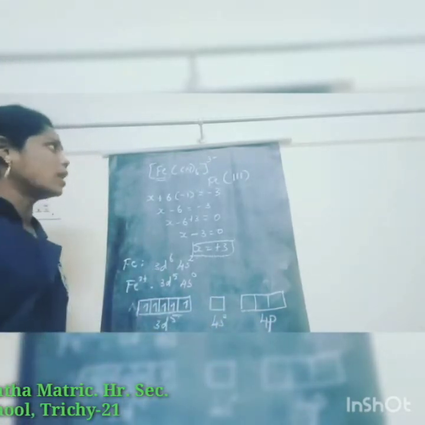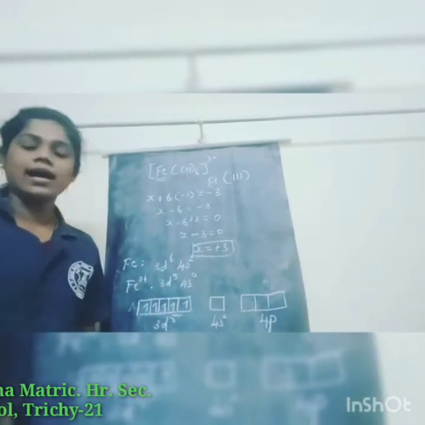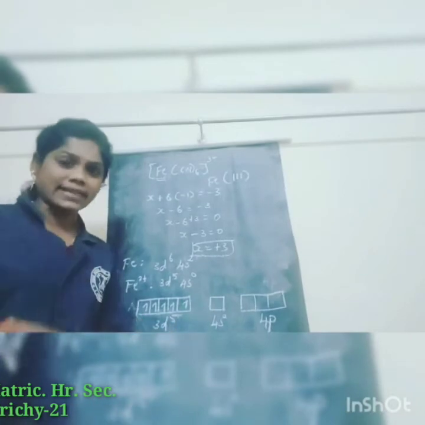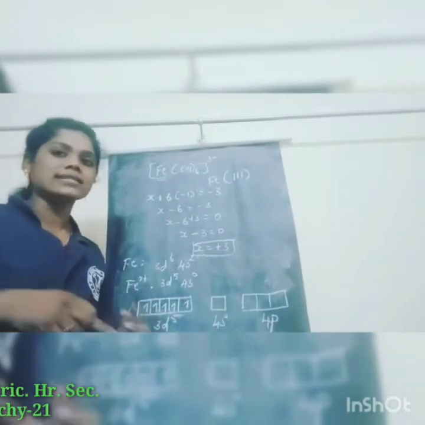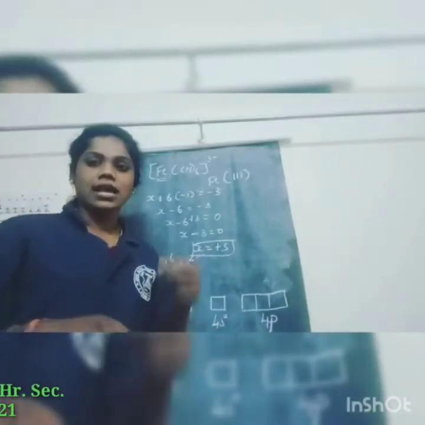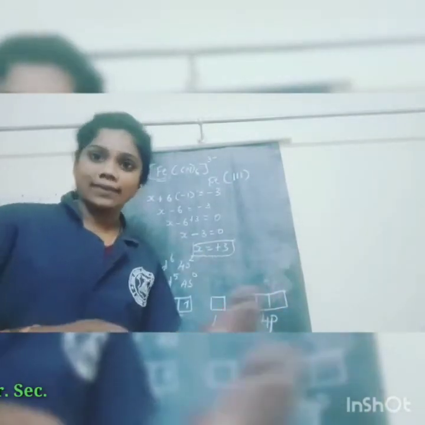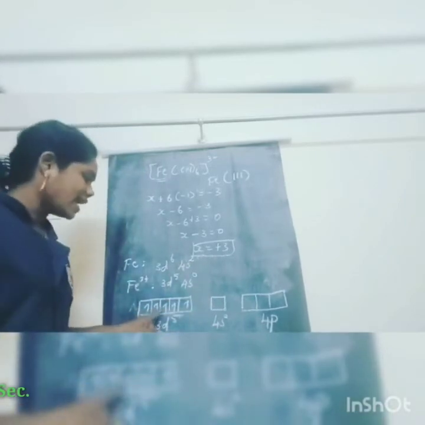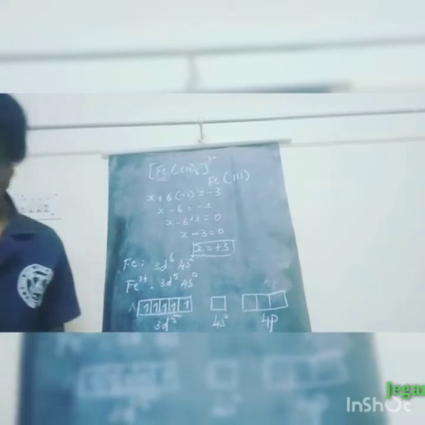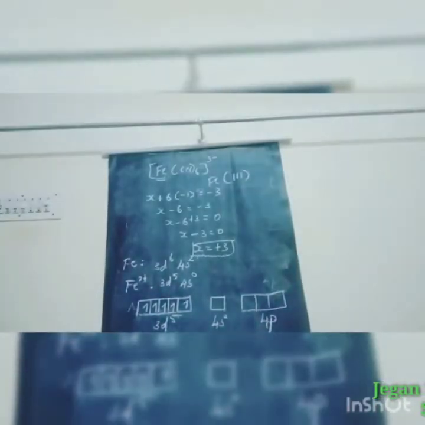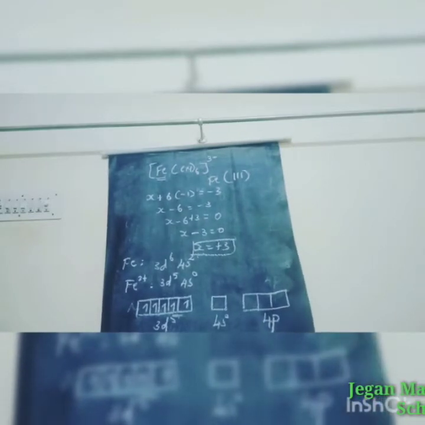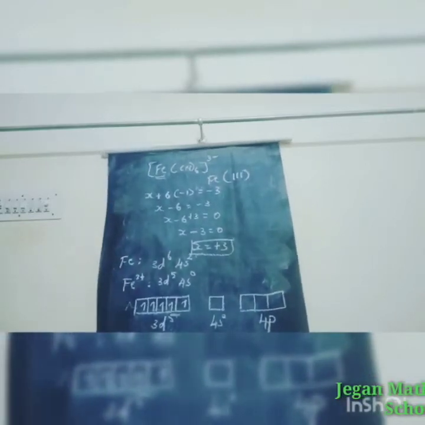Now we see the ligand. Cyanide is the ligand. Cyanide, ammonia, ethylenediamine are strong field ligands. What is the purpose of a strong field ligand? The strong field ligand causes pairing of the 3d electrons in the metal.